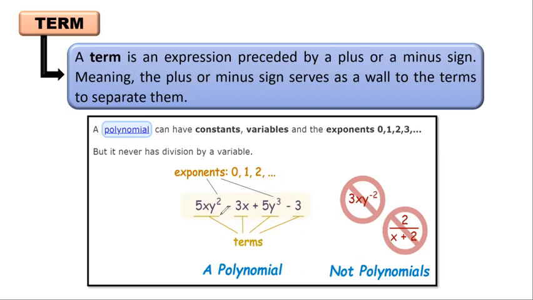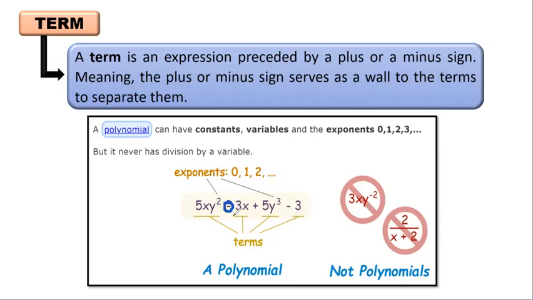Here we have 5xy squared minus 3x plus 5y cubed minus 3. So we have here 4 terms because 5xy squared is separated from 3x by a minus sign.